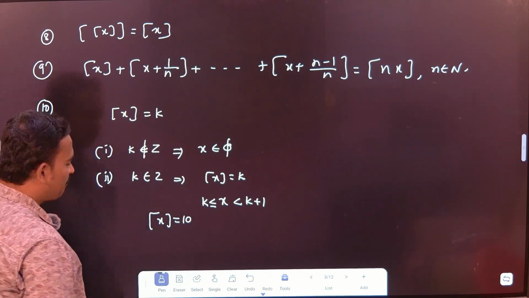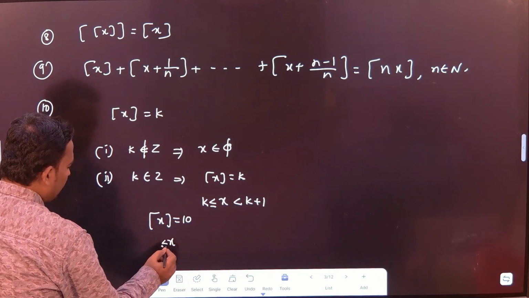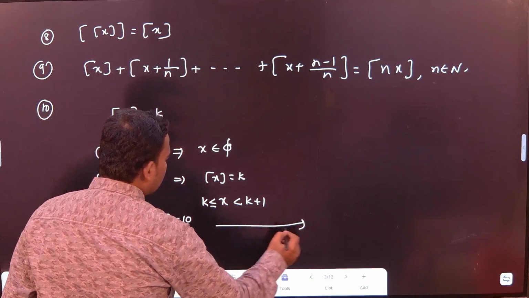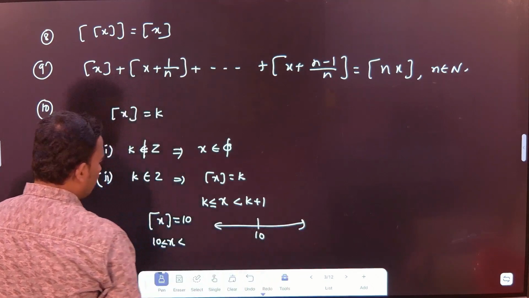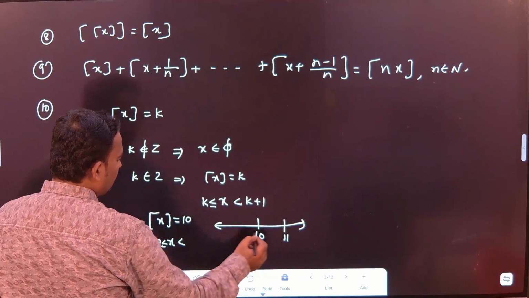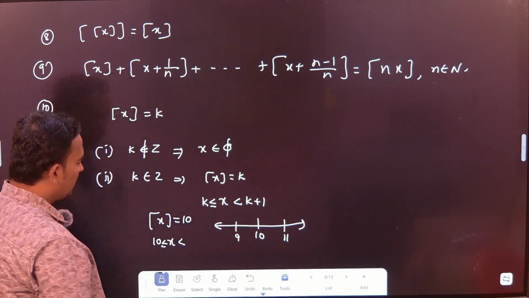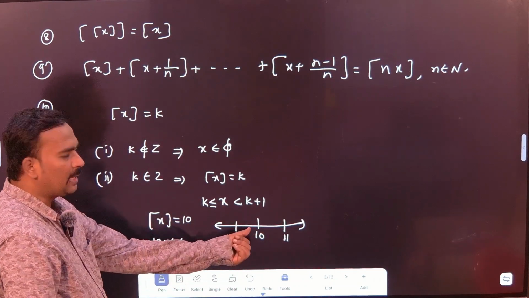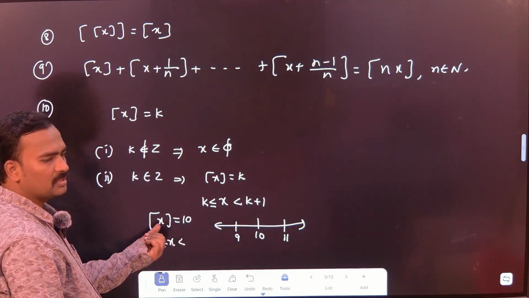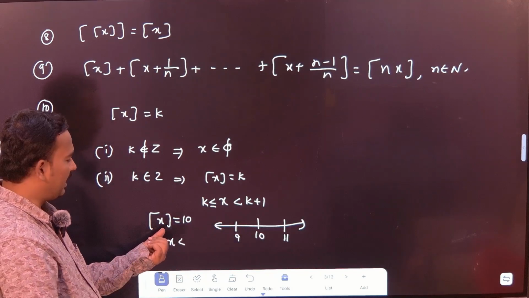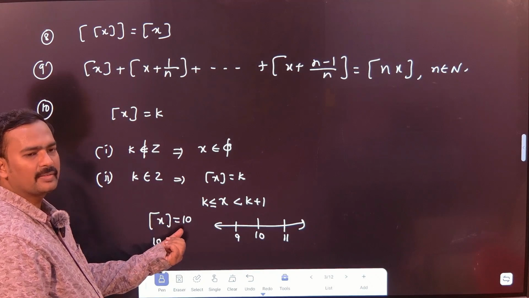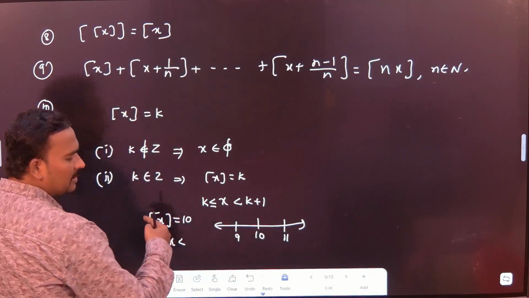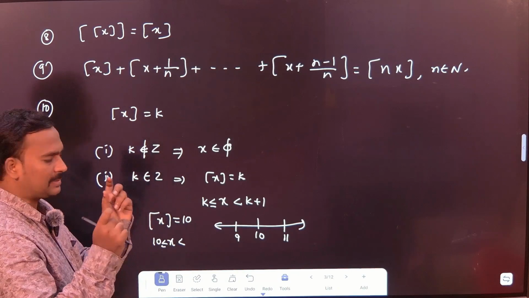So x you can take from 10 to 11. You can draw the number line. This is 10 here, 11 is here, 9 is here. You can take less than 10, what will happen? 9.5, you can take. Greatest integer function of 9.5 is 9. So 9 is equal to 10, it's not possible. Let's take 10. 10 is included, meaning 10 is equal. Greatest integer function of 10 is 10.